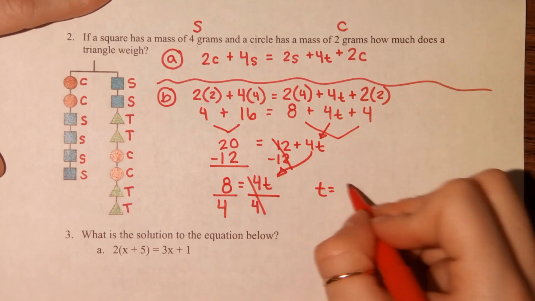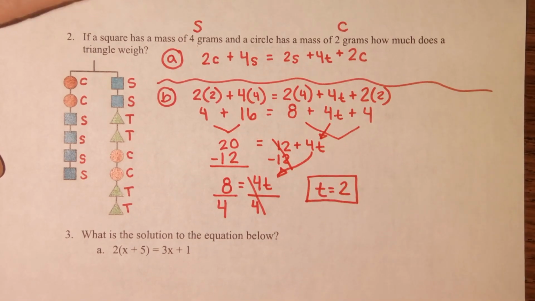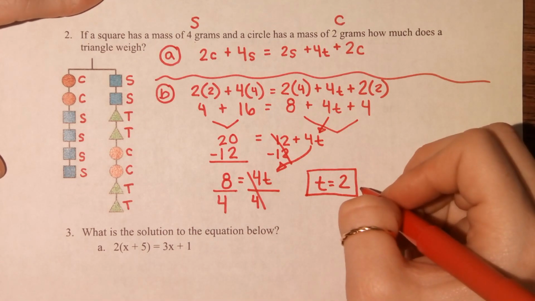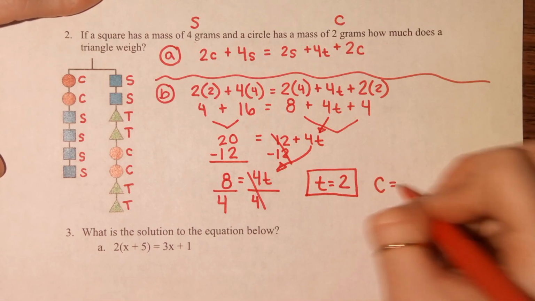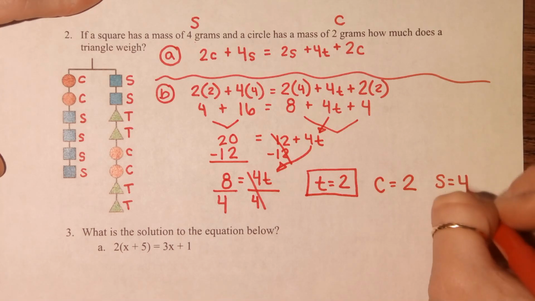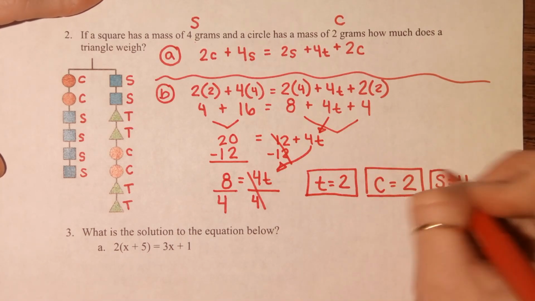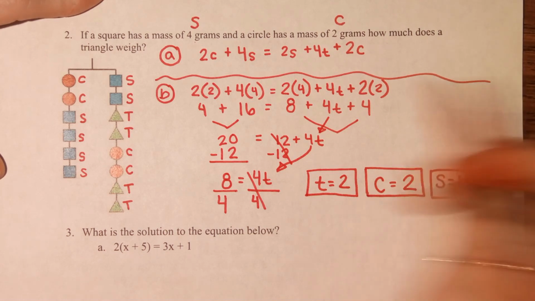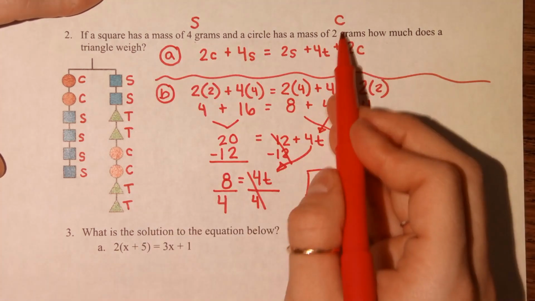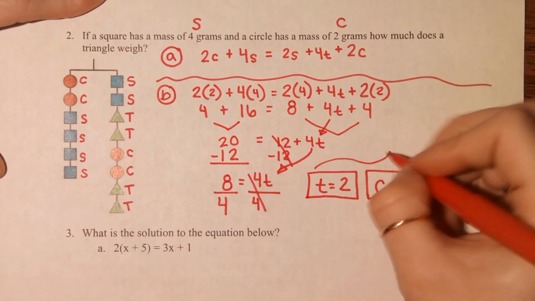There, I just found my T. So my T equals 2, my C equals 2, and my S equals 4. They gave us these ones. So these are all our variables. So S is 4, C is 2, and our T is 2. So we have all our variables.